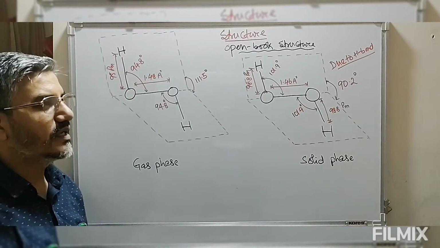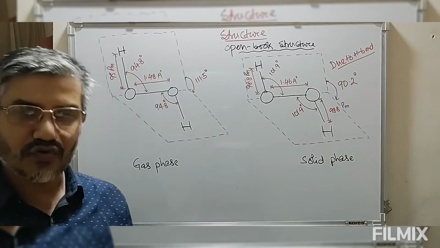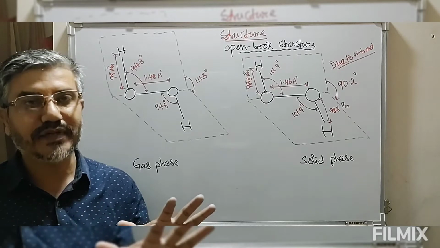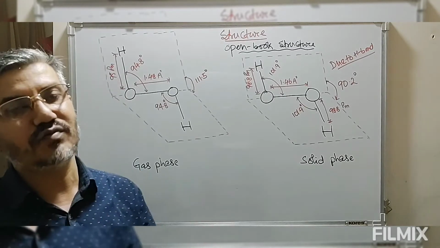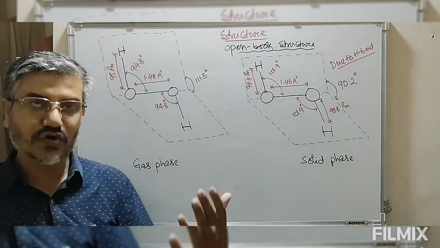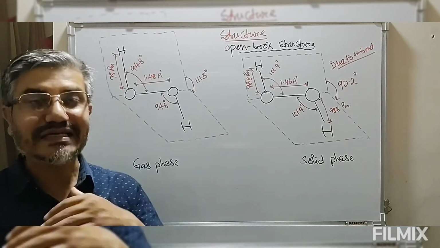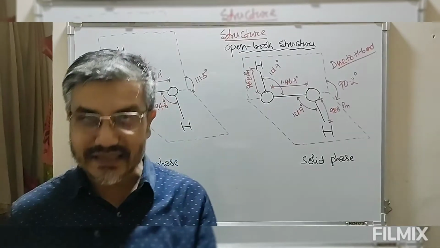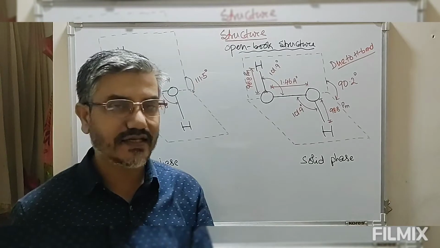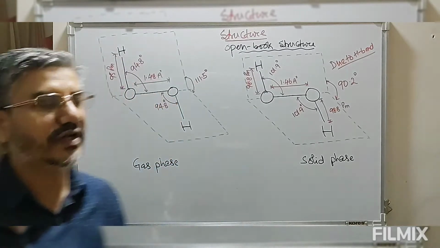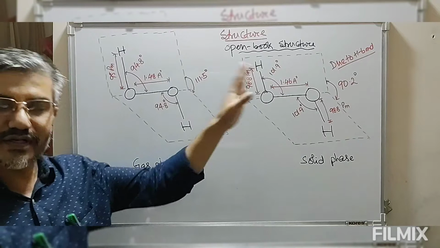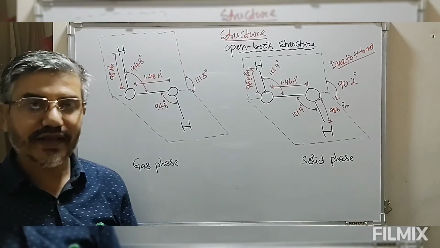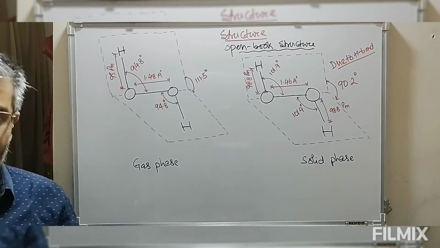So what is important is this exists in the form of open book structure, and the OOH groups are in two different planes, and the angle between these planes is what we call the dihedral angle. In case of solid, because of extensive hydrogen bond, this dihedral angle between the planes is decreased, whereas in case of gas there is no possibility of hydrogen bonding, so the dihedral angle between the planes increases to 111.5. Because of this change in the dihedral angle, the OOH bond angle also changes.